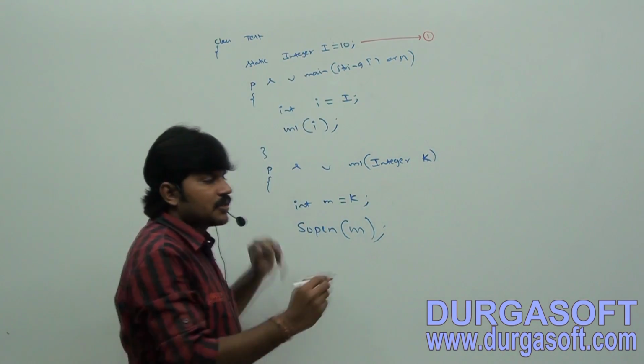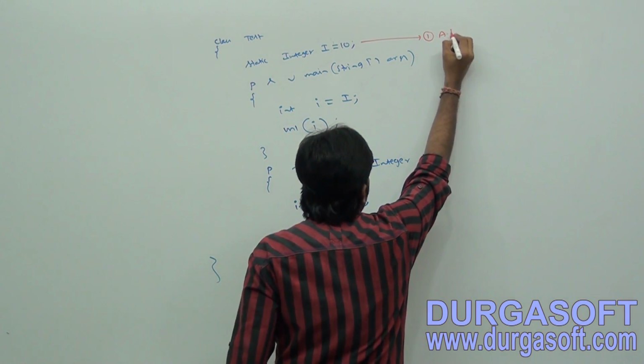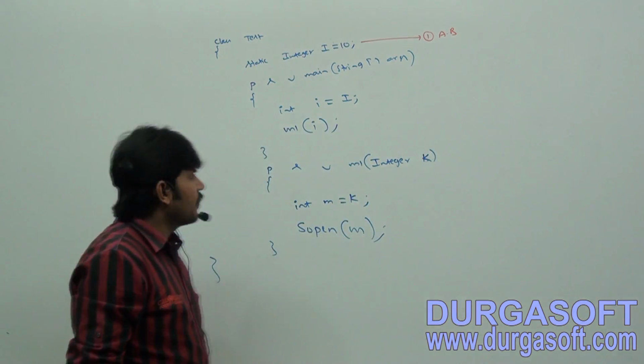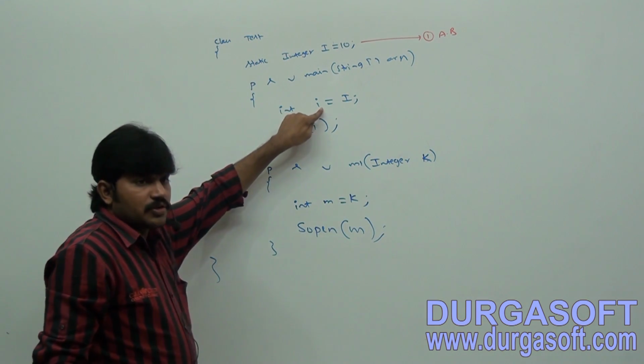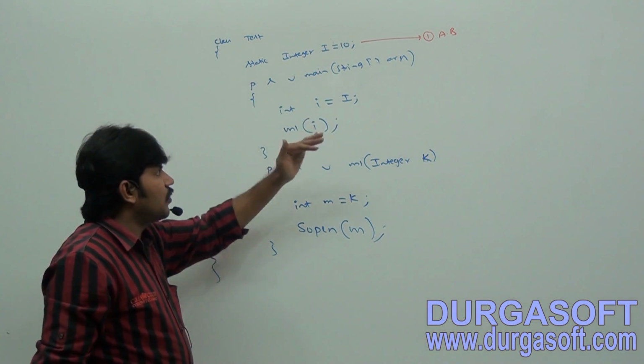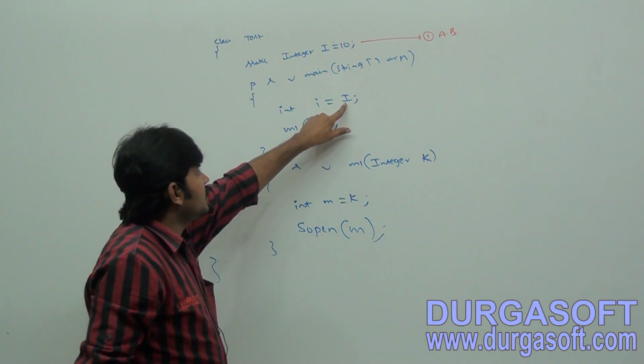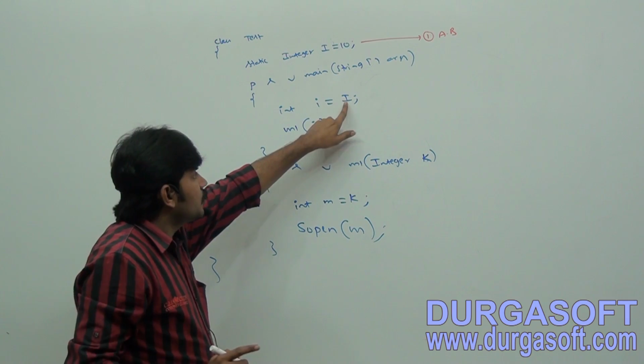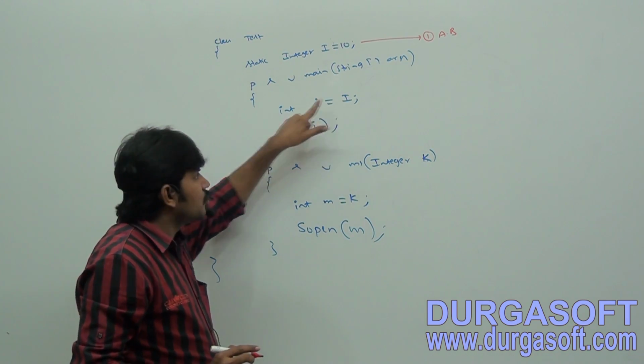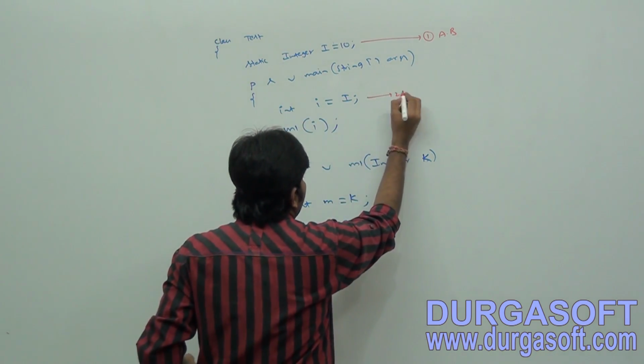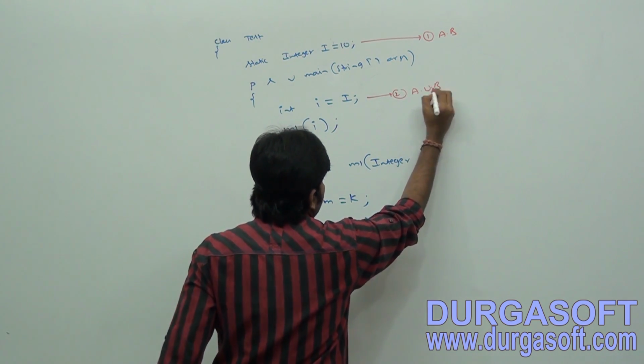Primitive to object. What is this concept? Autoboxing. Okay. Int i is equal to capital I. What is this capital I? Integer. So wrapper object to primitive. What is this concept? Auto unboxing.